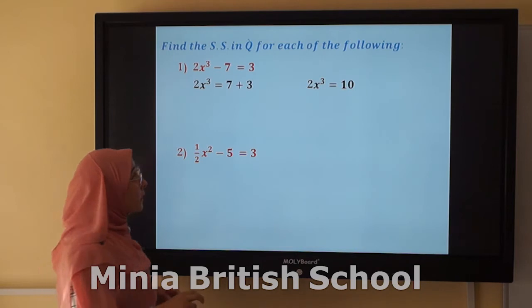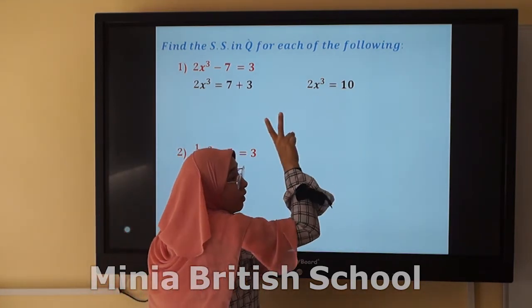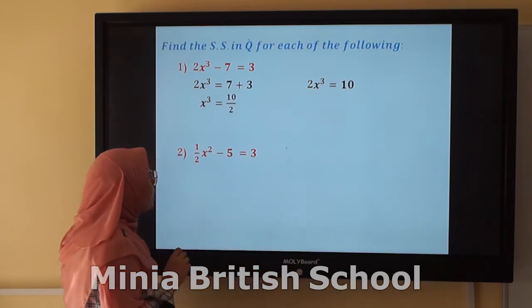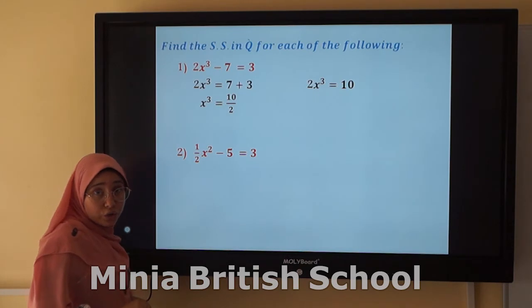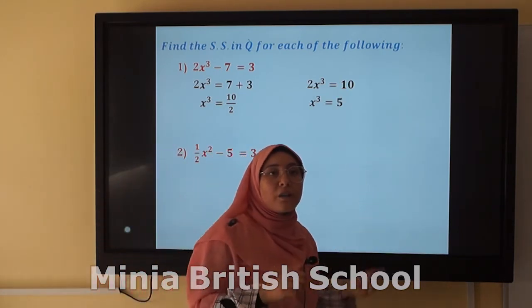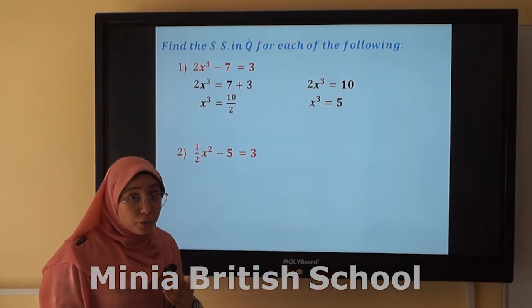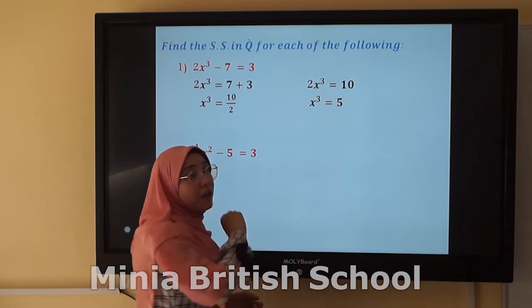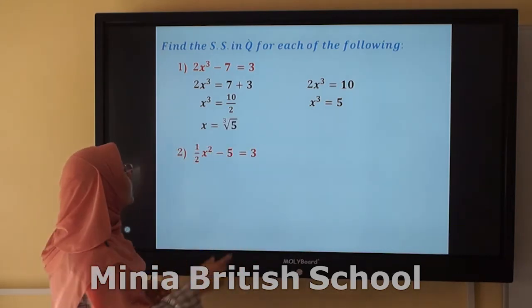Then I will divide both sides of this equation by 2. So x power 3 equals 10 divided by 2. Simplify it, we get x power 3 equals 5. By taking the cube root for both sides here, we get x equals what? Excellent!